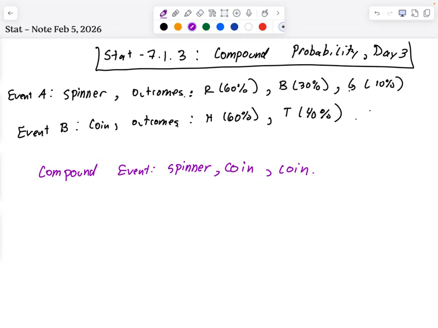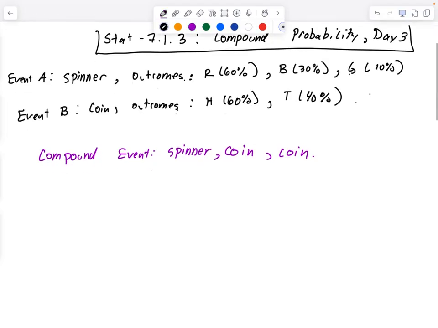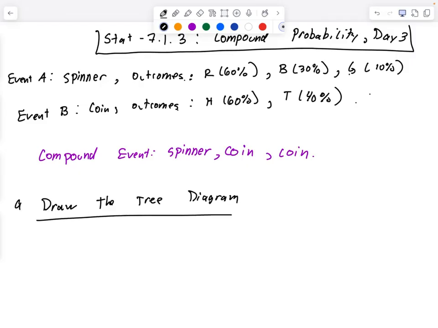Okay, and then we're going to look at the outcomes. So spinner, and then the coins. Got it? So let's draw the tree diagram. I'm going to pause so that we all get this part over, and then we're going to draw the tree diagrams.